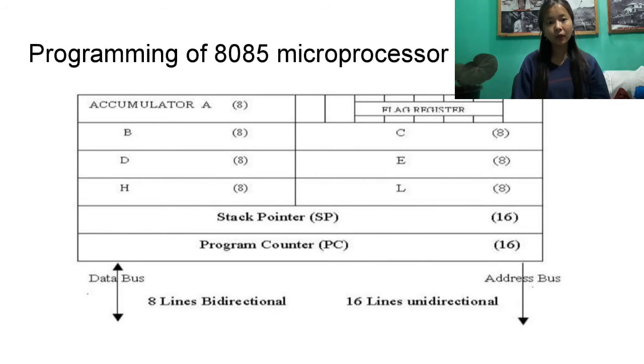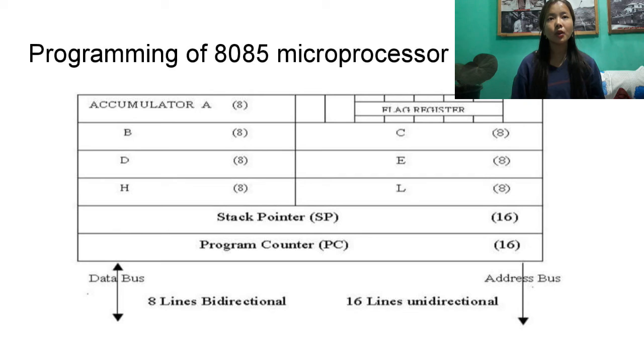At the bottom of the figure, we find the 16-bit registers, the program counter PC and the stack pointer SP. First let's talk about the program counter, PC. This 16-bit register deals with sequencing the execution of instructions. This register is a memory pointer. Memory locations have 16-bit addresses, and that is why this is a 16-bit register.